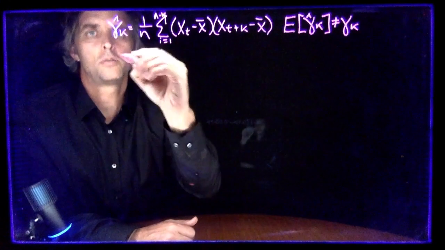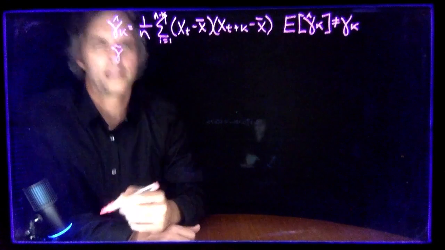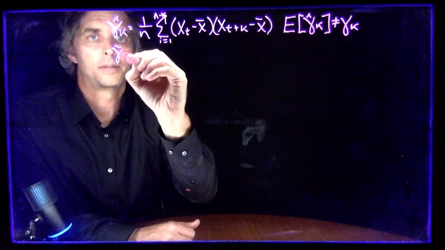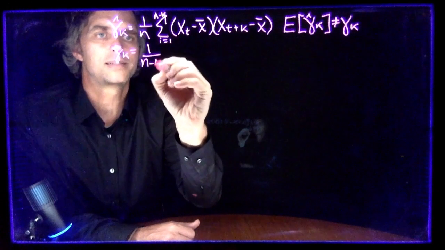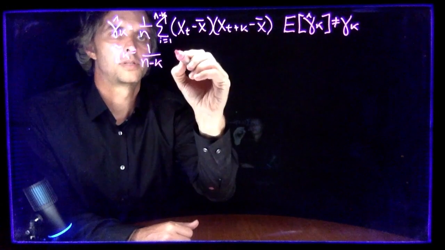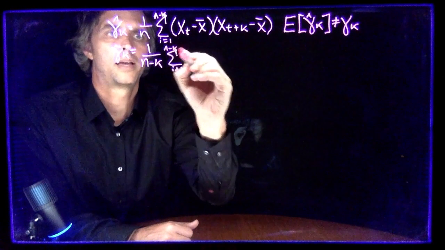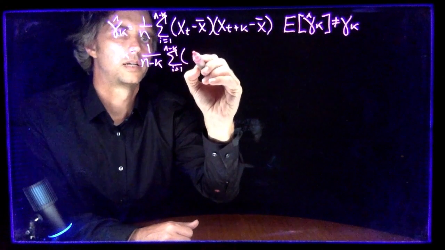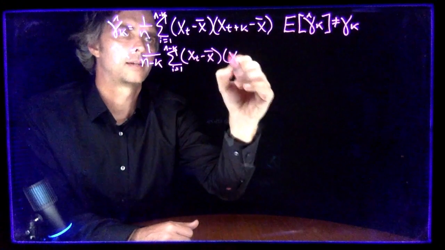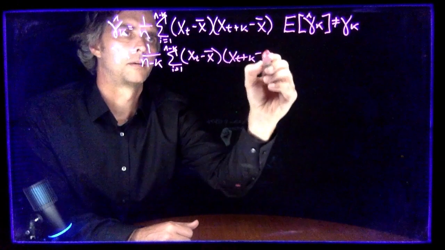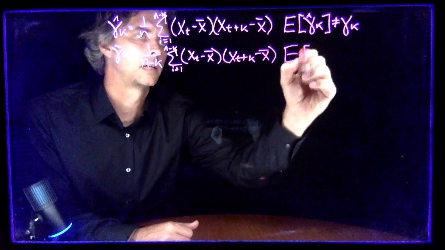So what's another one? Another one that actually is unbiased is what we'll call gamma tilde. Gamma tilde sub k is equal to 1 over simply n minus k times the sum from i equals 1 to n minus k of xt minus x bar times xt plus k minus x bar, and this is unbiased.